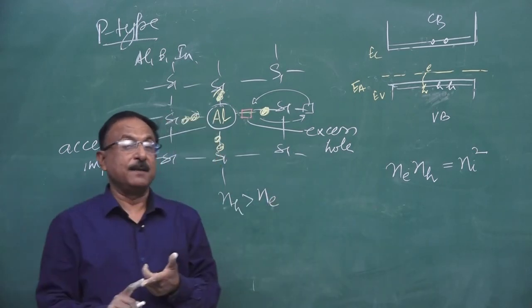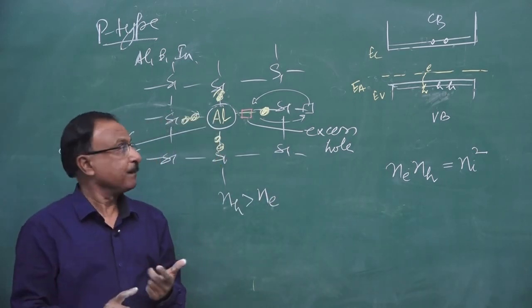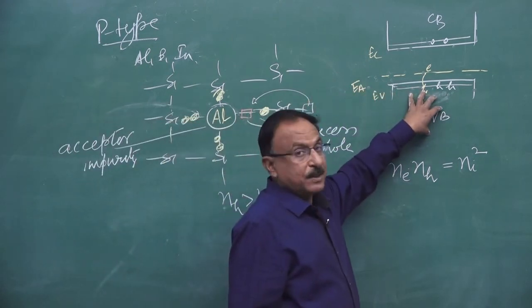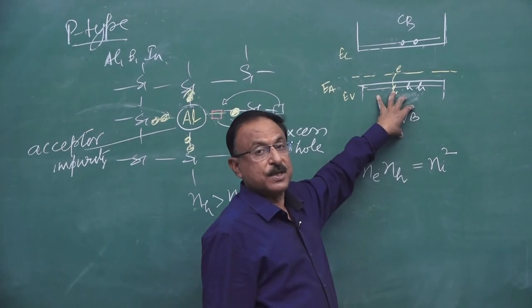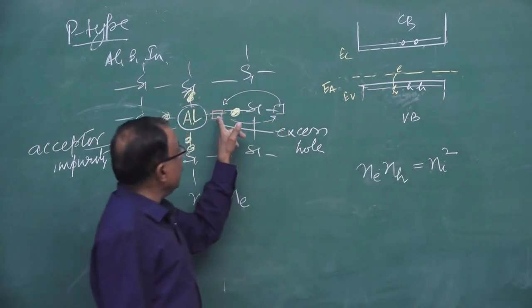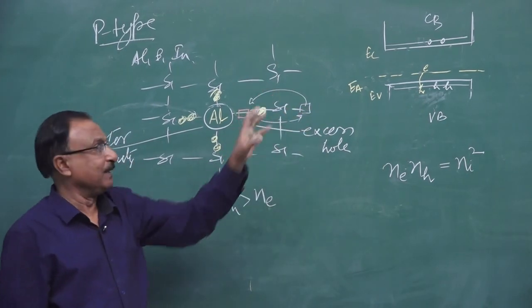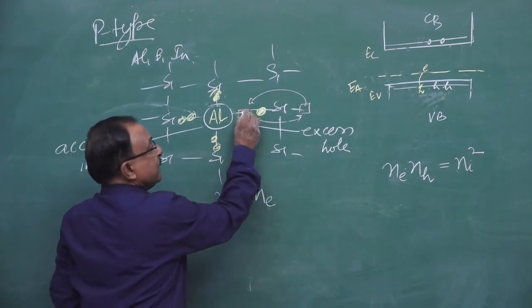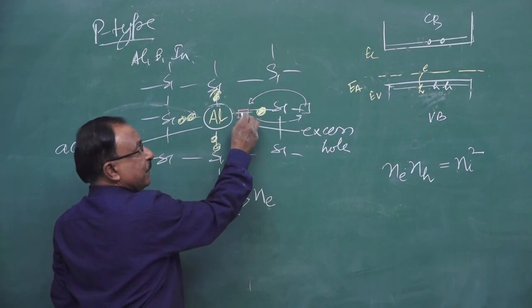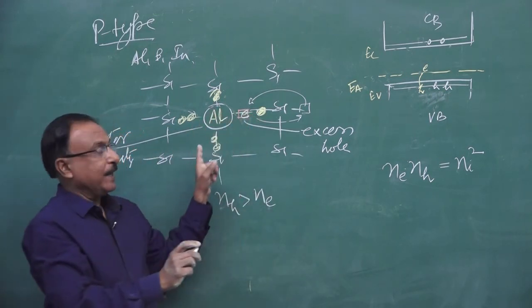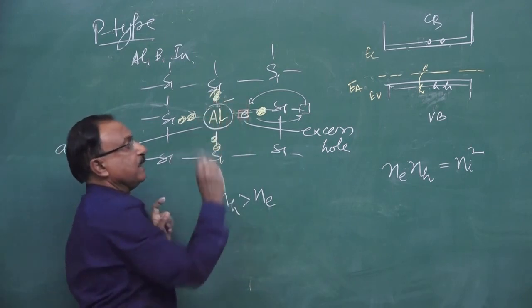Like the N-type semiconductor, although in the P-type holes are more, it doesn't mean that it is positively charged, because with every hole which is moving in the crystal lattice, an electron will come and fill up the place. So the acceptor ion will be negatively charged.